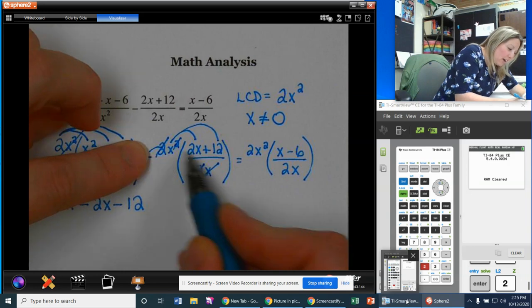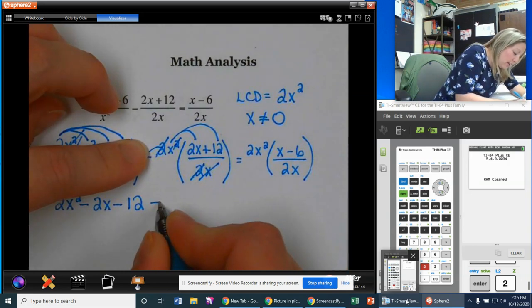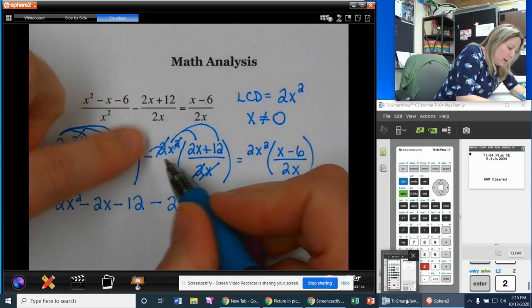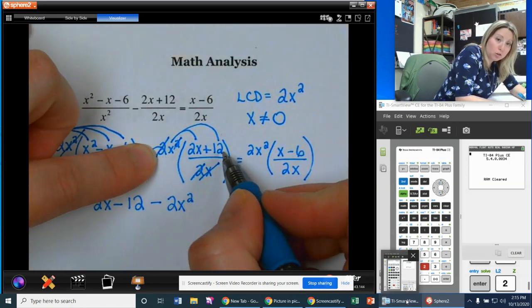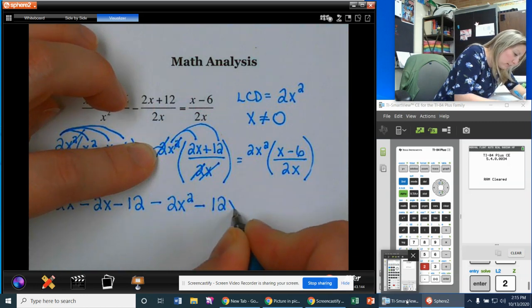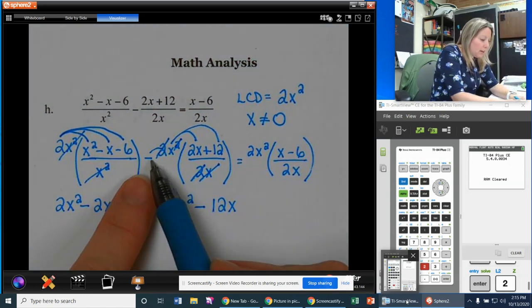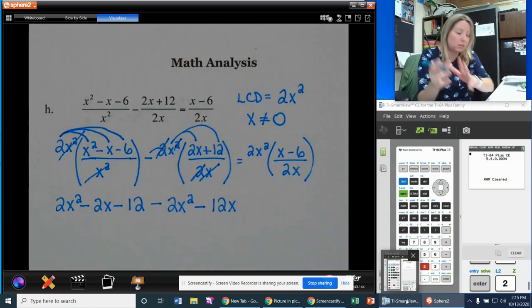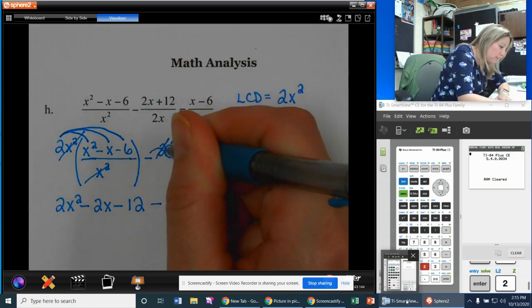So negative x times 2x is negative 2x squared. And negative x times 12 is negative 12x. So you want to be careful that this negative distributes and this x distributes. So it's a negative x that's distributing. Right here, I'll circle this guy. He's the guy that's distributing.